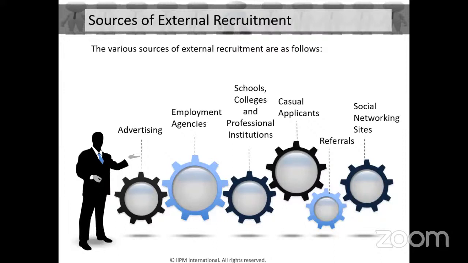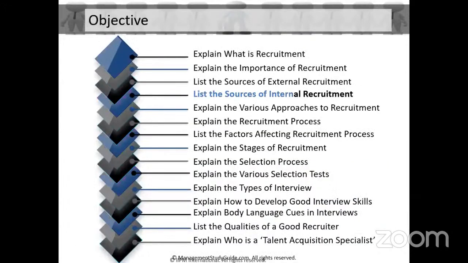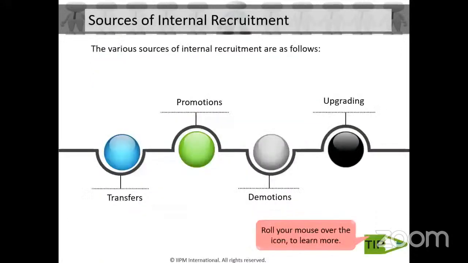So these are places where we get most of our external recruitment sources from. All right, so let's talk about the internal recruitment sources. The various sources of internal recruitment are as follows: transfers. Maybe someone moves from a particular branch to another branch, or from branch to headquarters and stuff like that. Transfers is one of the ways through which we have internal recruitment.